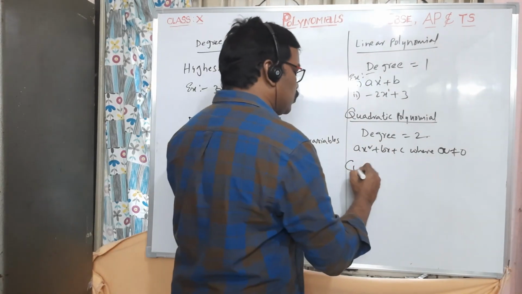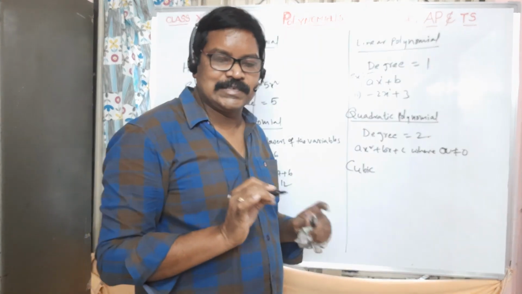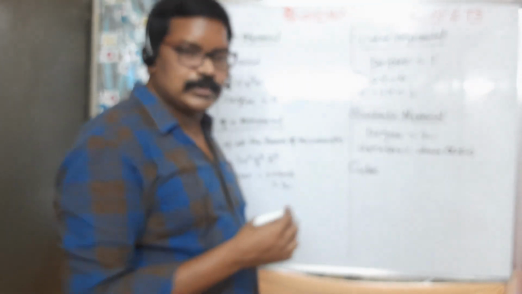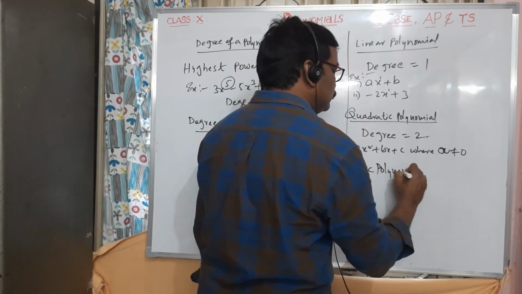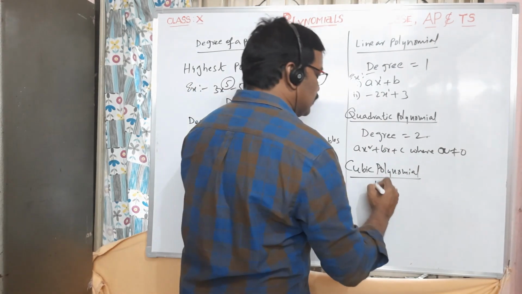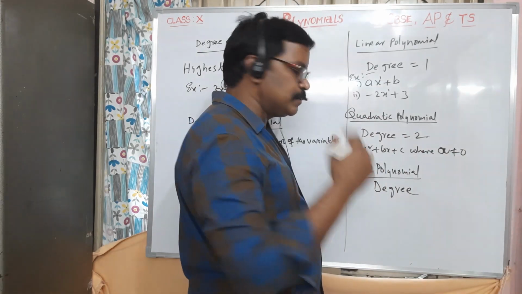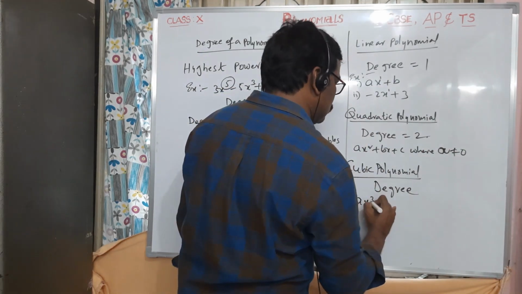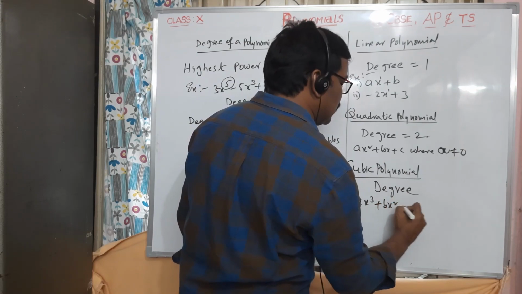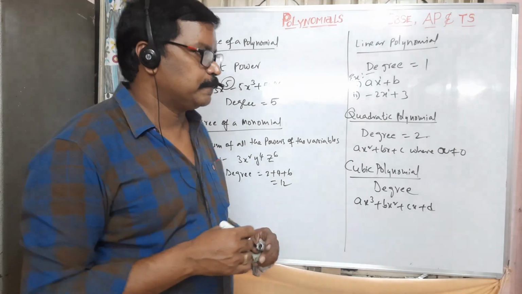Like that, cubic polynomial. These are topics you have learned in 9th class; I am just reminding you. For a cubic polynomial, its degree is 3, that means ax cube plus bx square plus cx plus d.